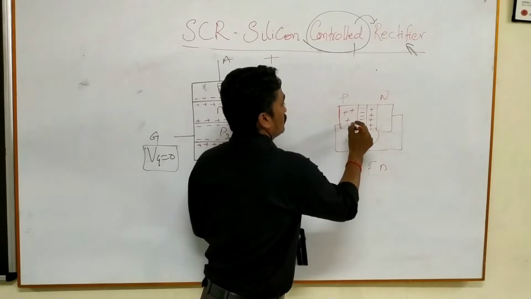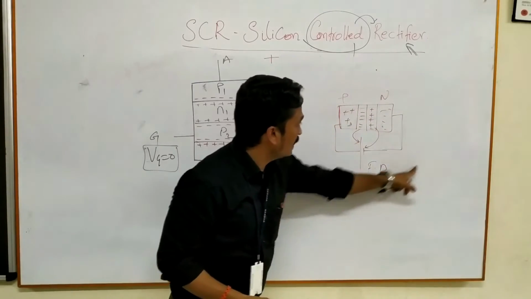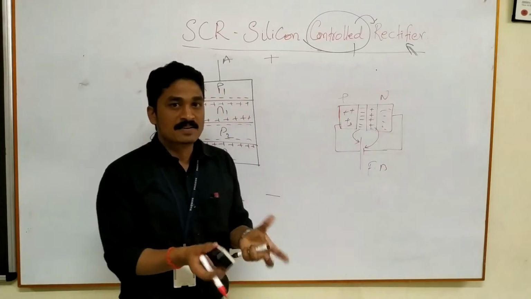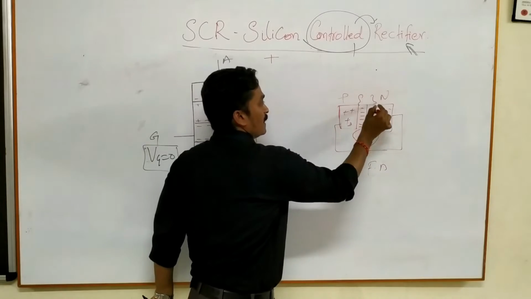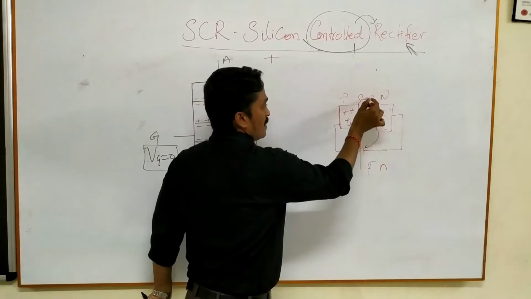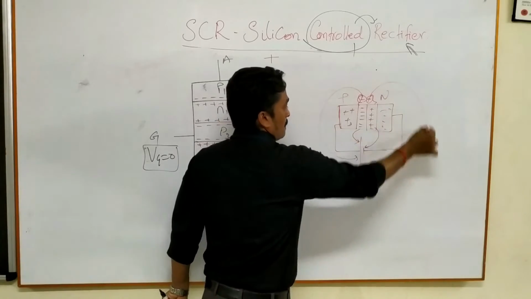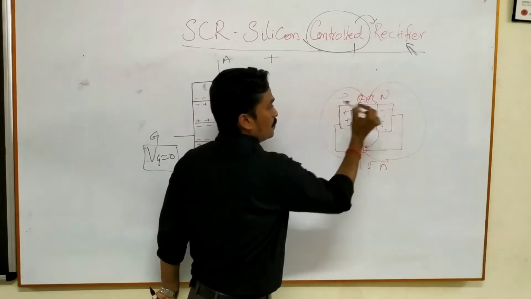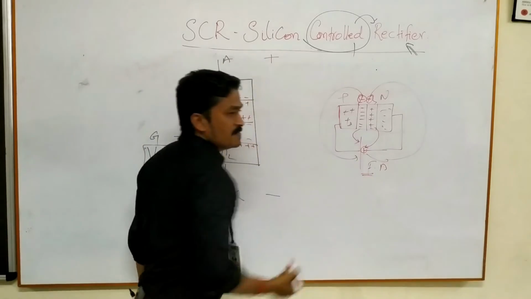Because plus plus over here and minus minus over here in the material, and forward bias means positive to P type, negative to N type, this is nothing but the forward bias of the PN junction. Here, in terms of potential barrier, this is minus and this is plus, and we apply plus against this minus and minus against this potential barrier plus. So this is nothing but the forward bias.